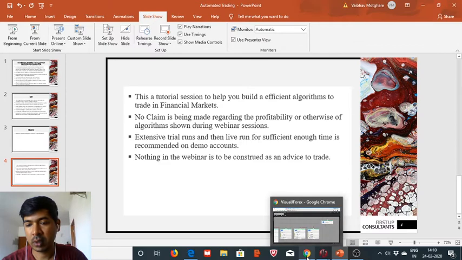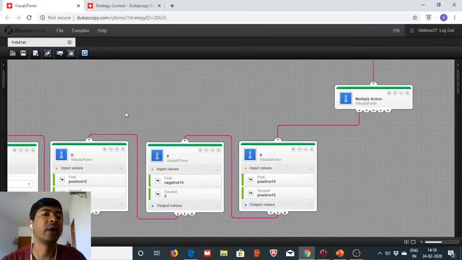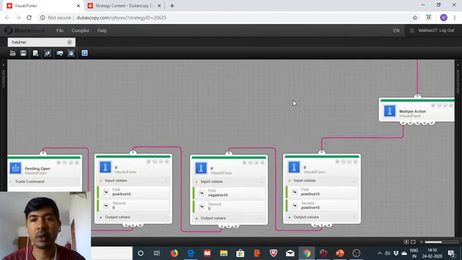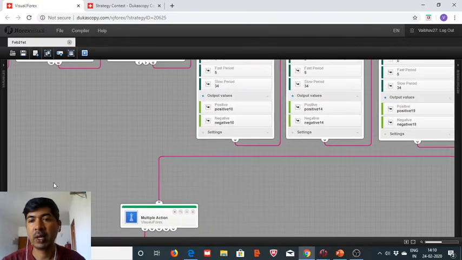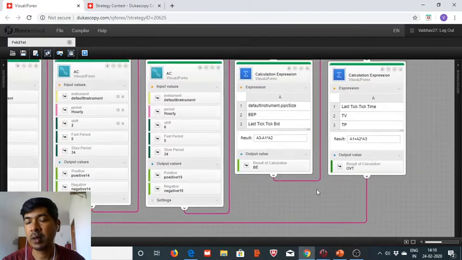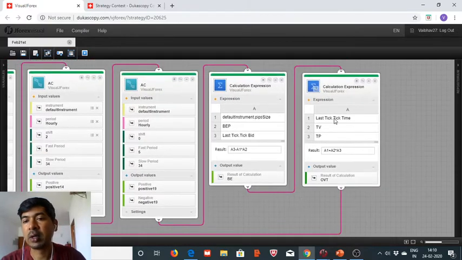Now, getting back to the Friday setup, this is our development which we had done till the Friday session, and here later on I noticed that, as an error of omission, I had put in last tick bid instead of tick time.